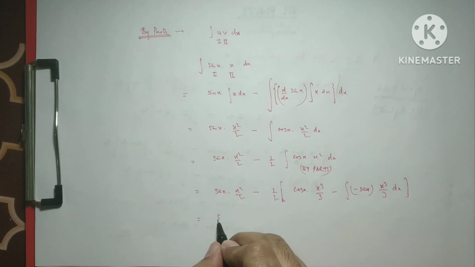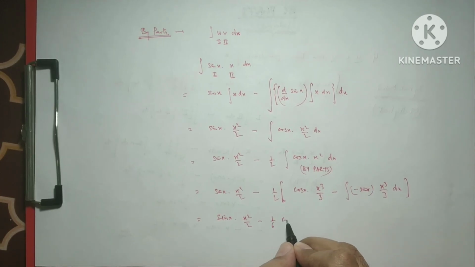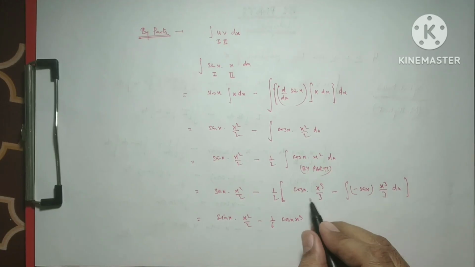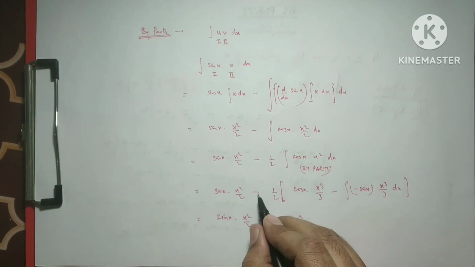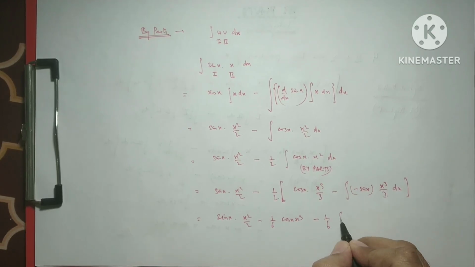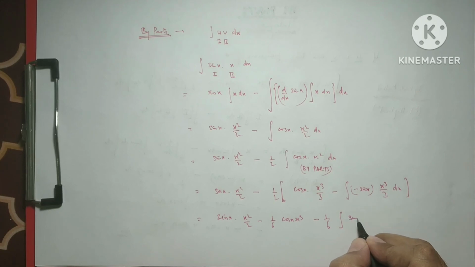As a result we have sin x times x square by 2 minus 1 by 6 cos x times x cube, and this minus and this minus is again minus, and 1 by 3 and 1 by 2 is 1 by 6. But right now again we are standing in the same situation.